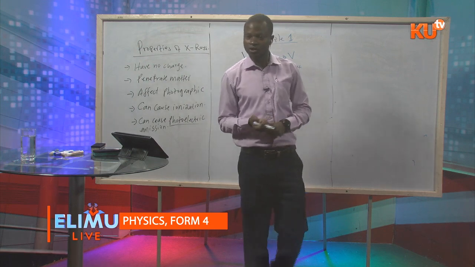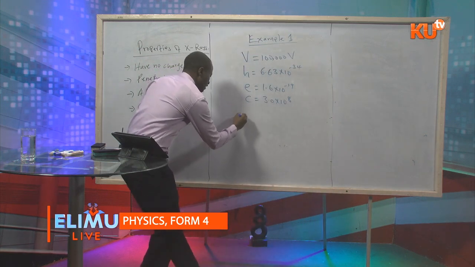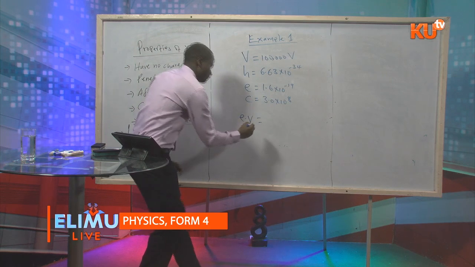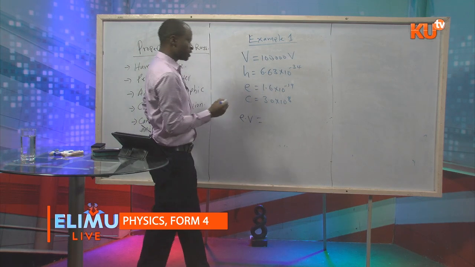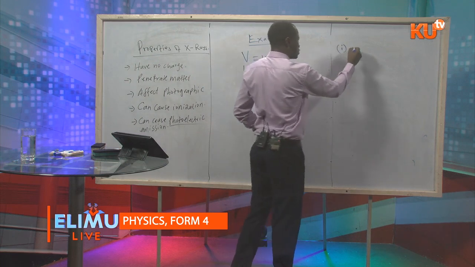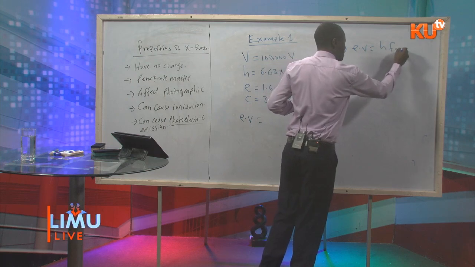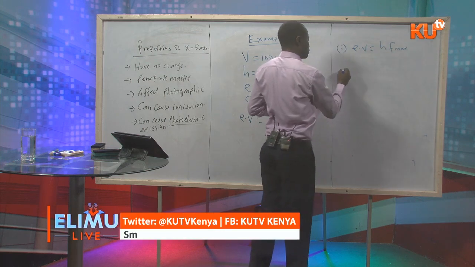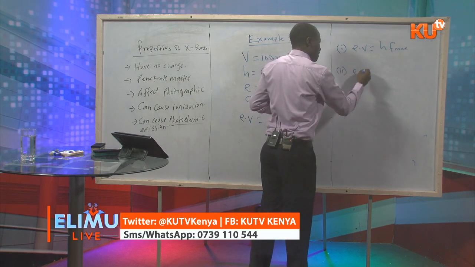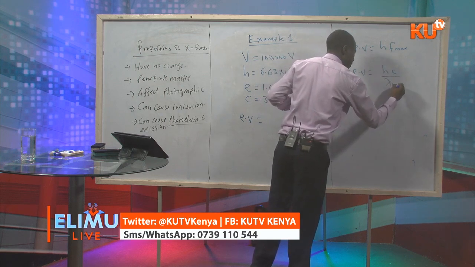Which equation do we use? We have 2 equations. So I want this to remain here. Equation 1 was EV equals HF max. Then equation 2, we had EV equals HC over lambda minimum.